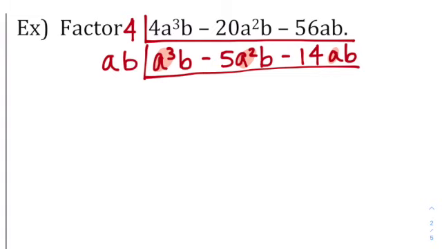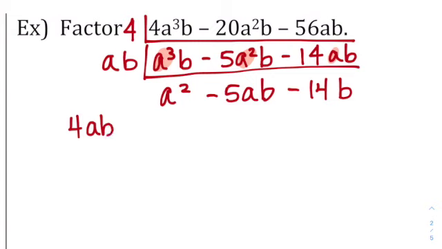So now what I have left is going to be a squared minus 5ab, and you have a minus 14b left. So again, you need to check, can you factor? So let's write it out. 4ab times a squared minus 5ab.